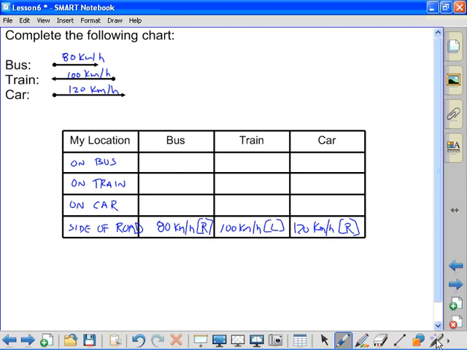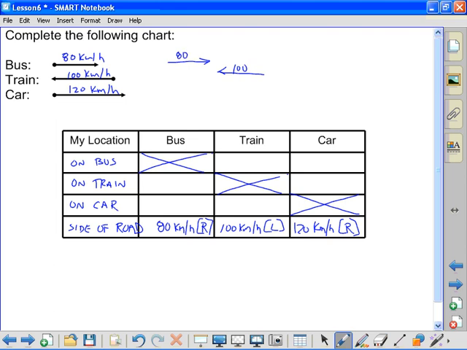Now if I'm on the bus, we're not worried about how you perceive things when you're on them. But if you're on the bus and you look out the window and you see the train, how do you perceive the train? Well, you're doing 80 on the bus, and the train is coming at you at 100.